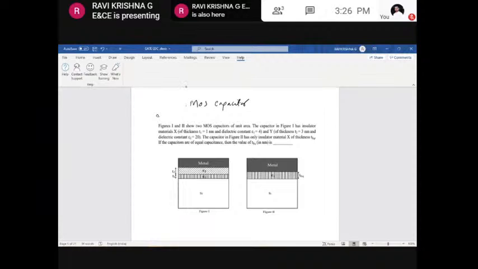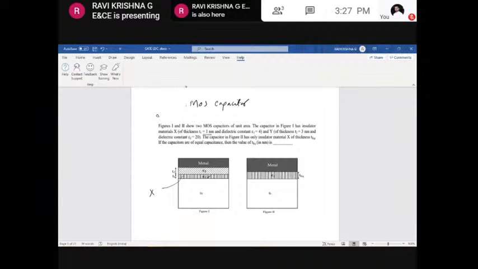The capacitor in figure 1 has insulating materials of type X and Y. X is some dielectric material of thickness T1 equal to 1 nanometer, and the dielectric constant of this material is given as 4.